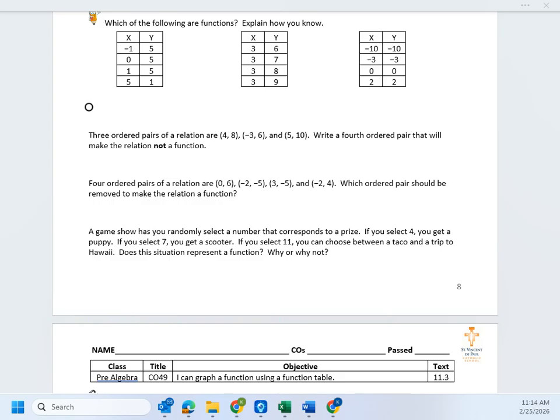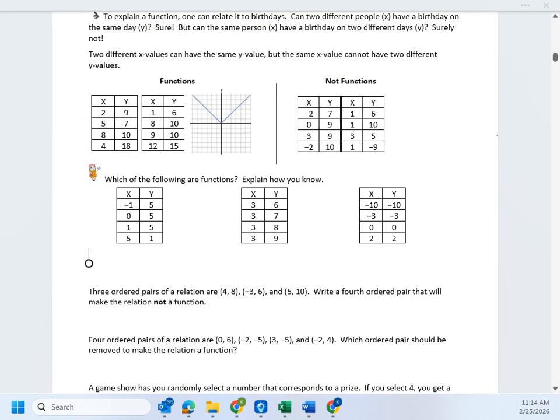What have we talked about functions? What is the x? What is the y? If it's a function, can the x repeat itself? Yes or no? No. Can the y repeat itself? Yes.